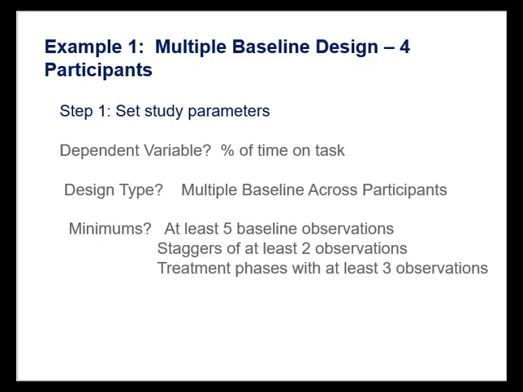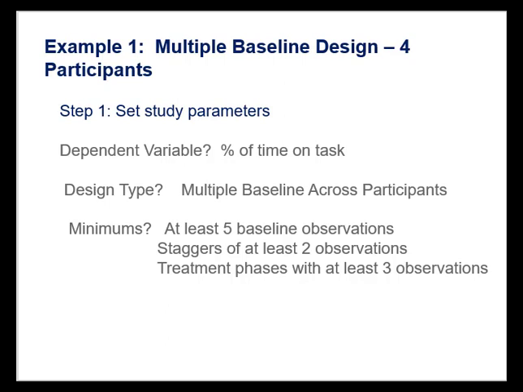So let's run through this with an example. In our example study, the research team is going to conduct a multiple baseline with 4 participants. The study relates to percentage of time on task. The team agrees that they'll collect at least 5 baseline observations.